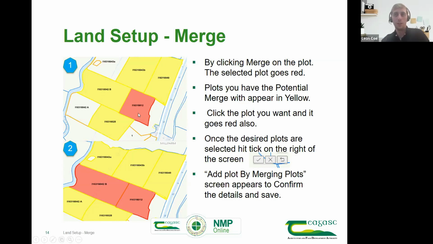Once you're happy that you've selected the parcel you want to merge with, you hit the tick box on the right hand side of the screen, or you click anywhere else on the screen. Then the add plot by merging plot details screen comes up, where you just change your name, change your townland if it has to be changed, or the reference area or something like that.